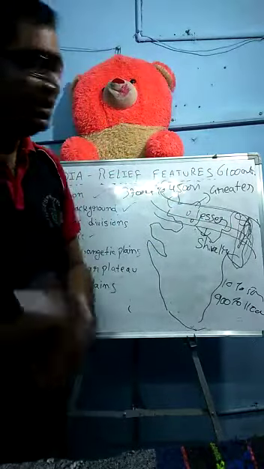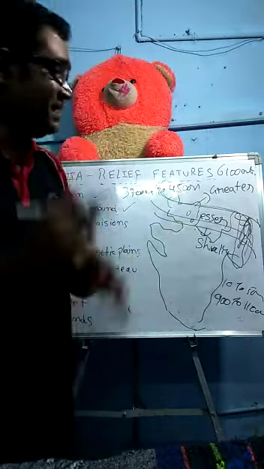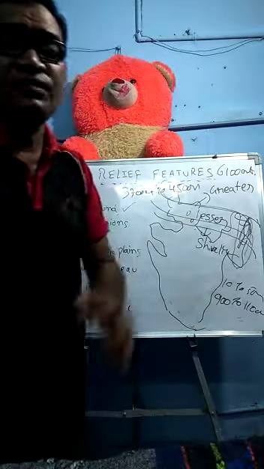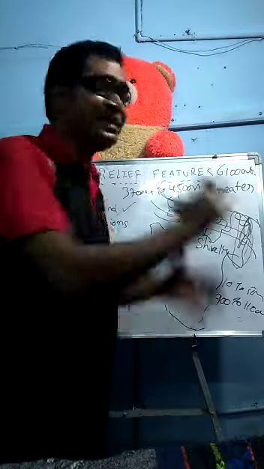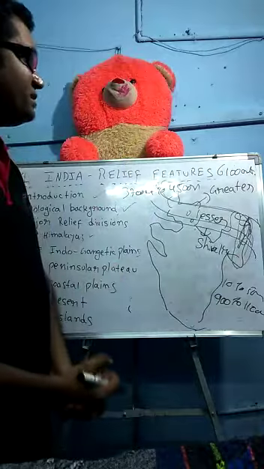These rivers bring silt, which is useful for making the plains. It is always fertile and useful for agricultural purposes. These are the details of the Himalayas.